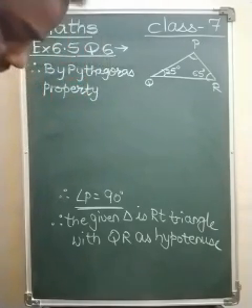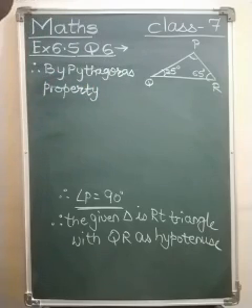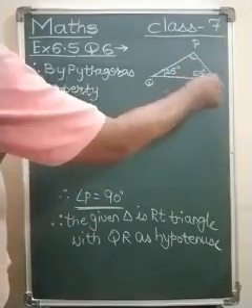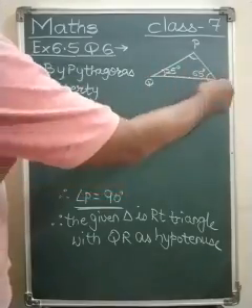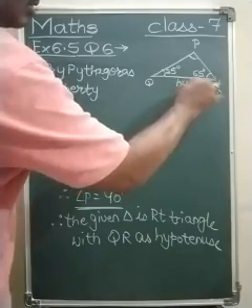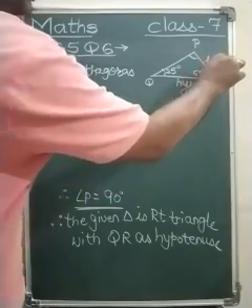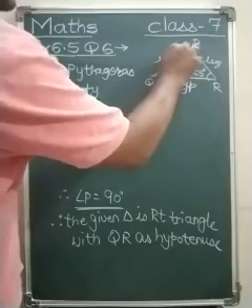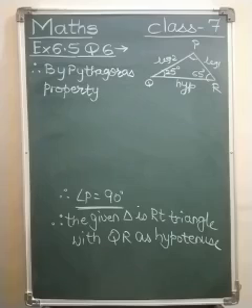PQ square plus QR square equals RP square. The hypotenuse is given. Now this is the hypotenuse. Say this is leg 1 and this is leg 2. So the first one is not true. Only the second one will be true.